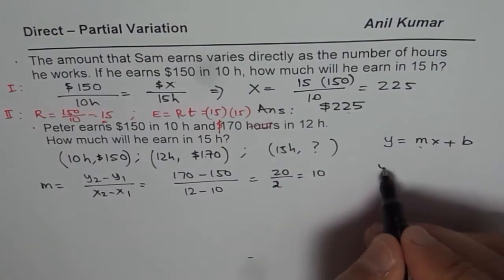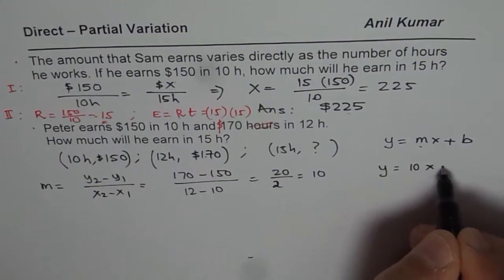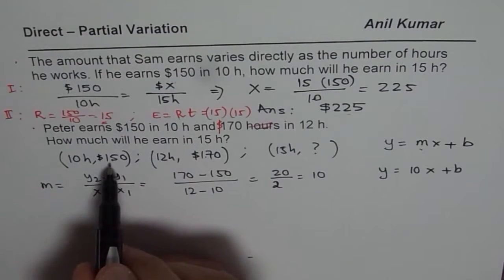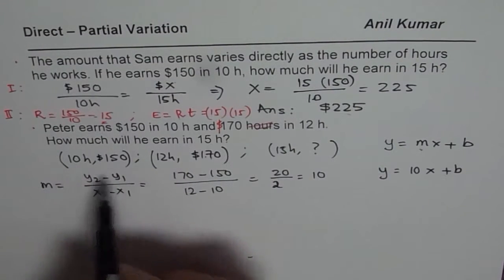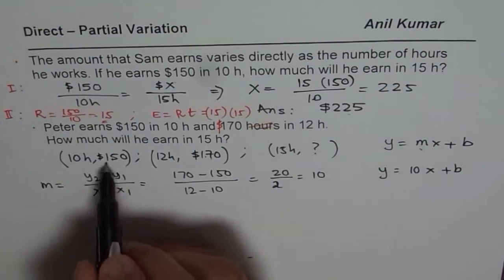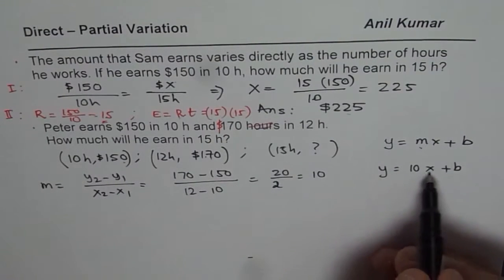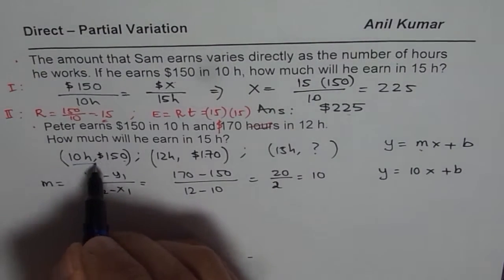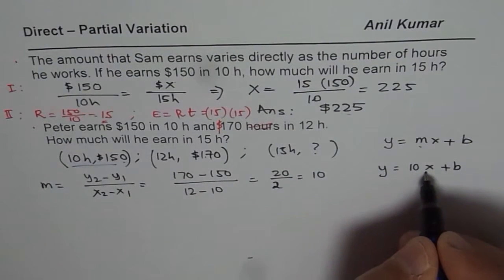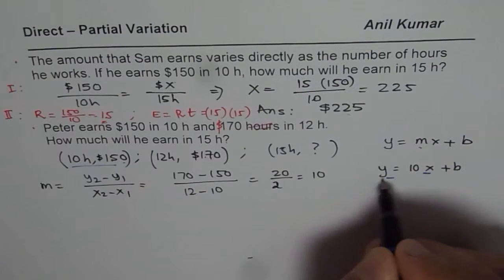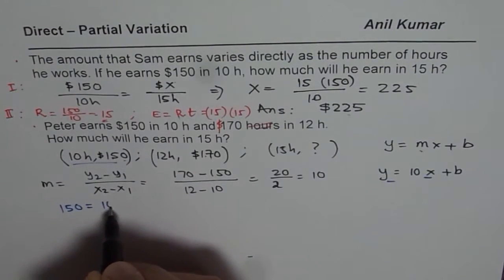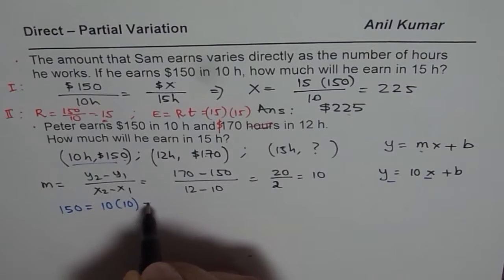So we know y equals 10x plus b. To find the value of b, we can use the data given to us. Let us use 10 hours for x, 150 for y. So we use this value to find b from given x and y. 150 equals 10 times 10 plus b.